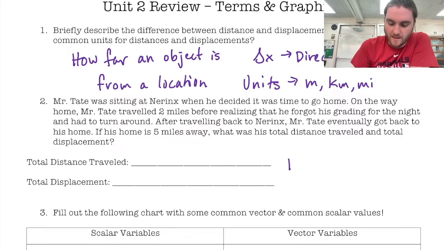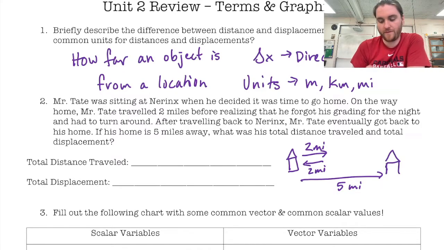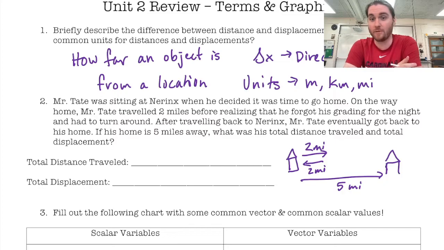So if I start at NARICS, here, we'll draw NARICS there, and I travel 2 miles there, 2 miles back, and then the total 5 miles to my house over here. Let's start out with distance. The total distance is the entire thing: how much gas have I used, how many miles has my car felt.